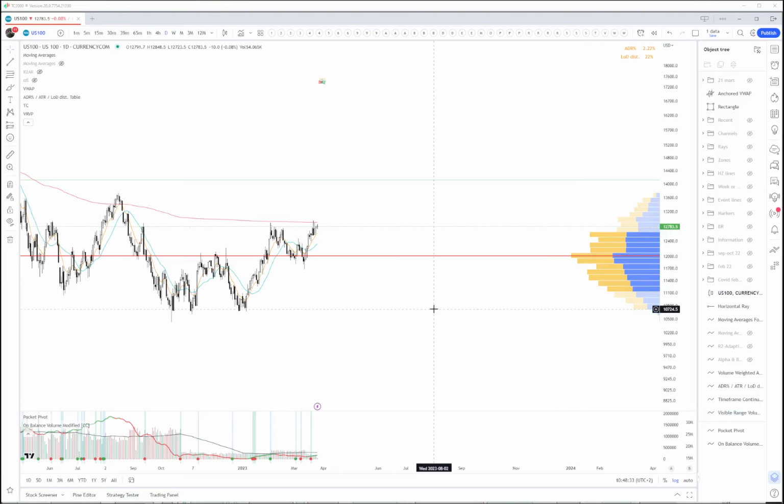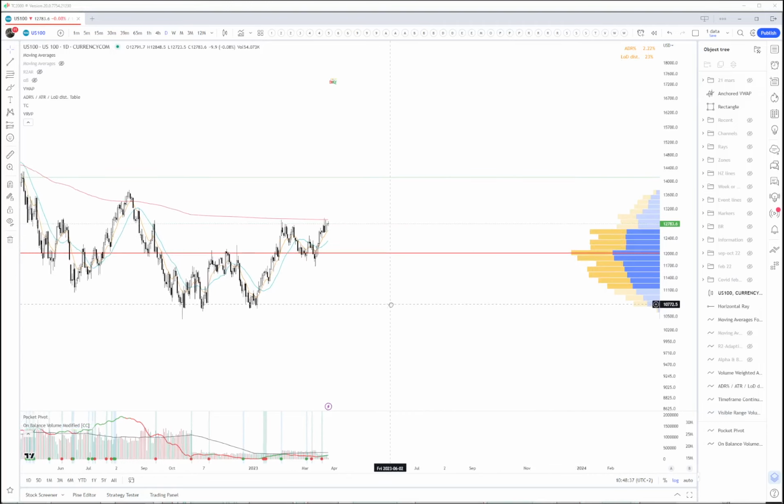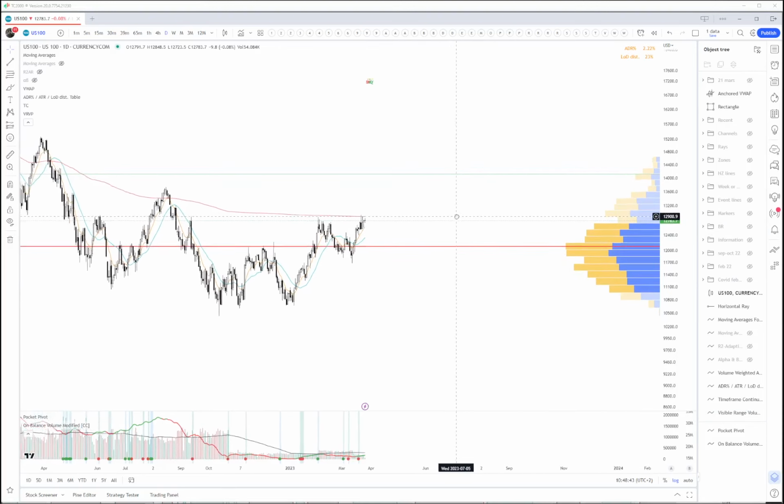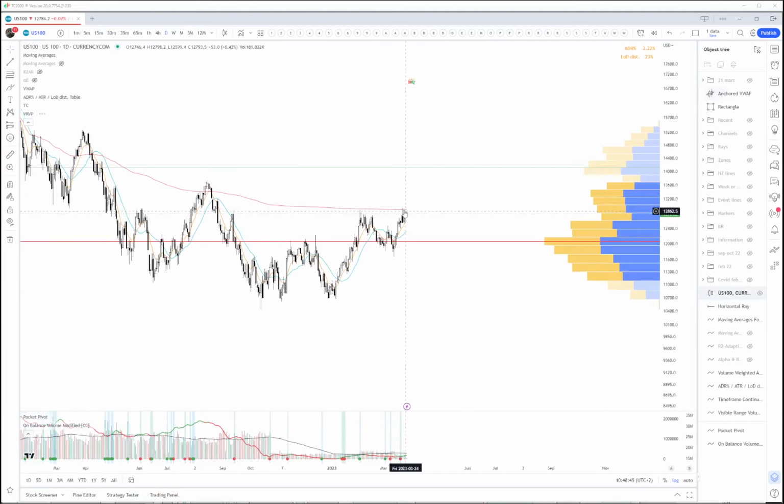So that's interesting. I don't need to explain that: it's going to be support here, and this is going to be resistance, right? So that's another view. We have two ways of seeing resistance, both from volume and from up and down moves.